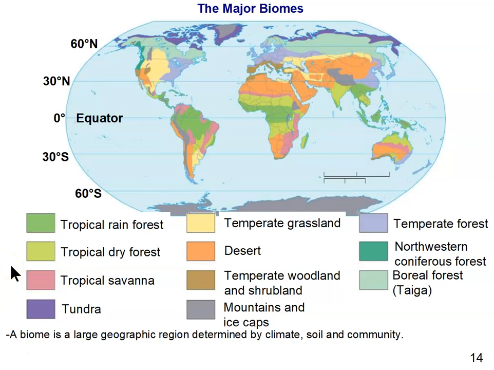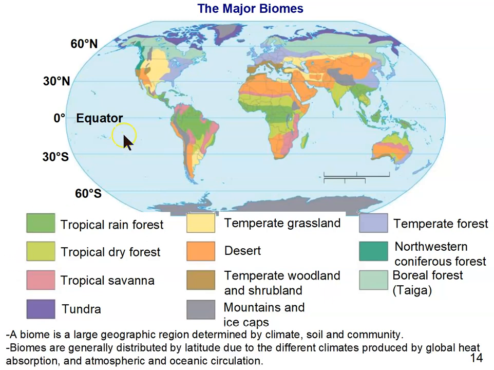And I'm not going to go through all the biomes here on this slide, because there are other slides that go through each biome one at a time. But the one thing I do want you to notice here is how they're distributed on the planet. If you notice, there are bands that go across, the colored bands here, the same color at the same latitude. So the biomes are distributed by latitude.